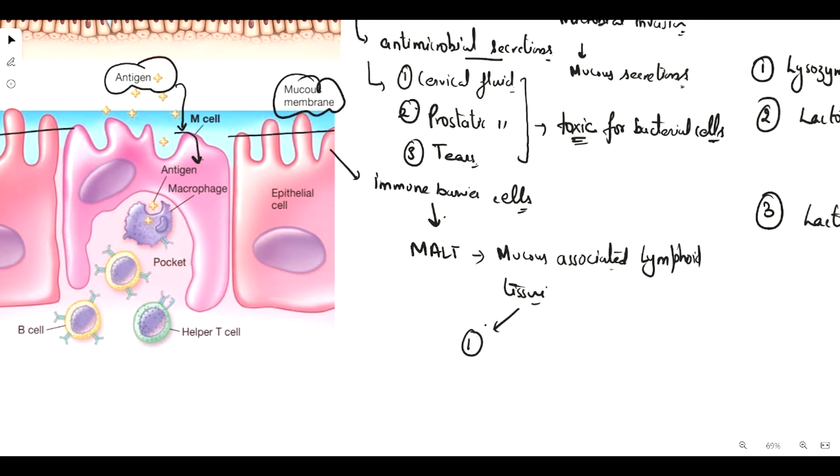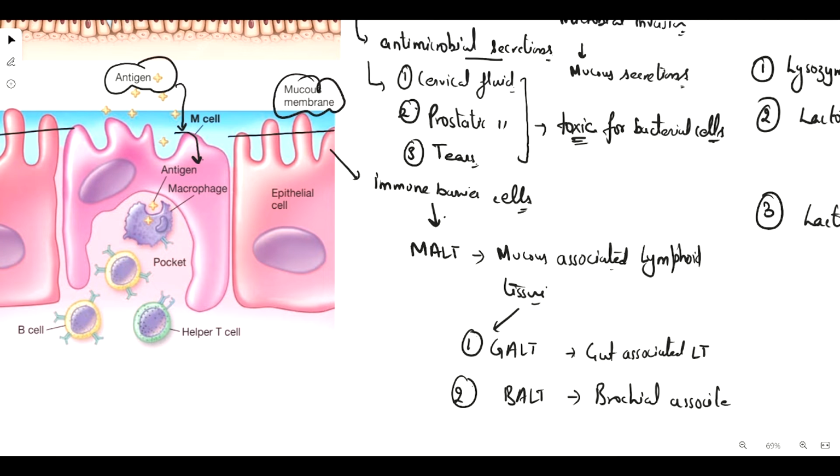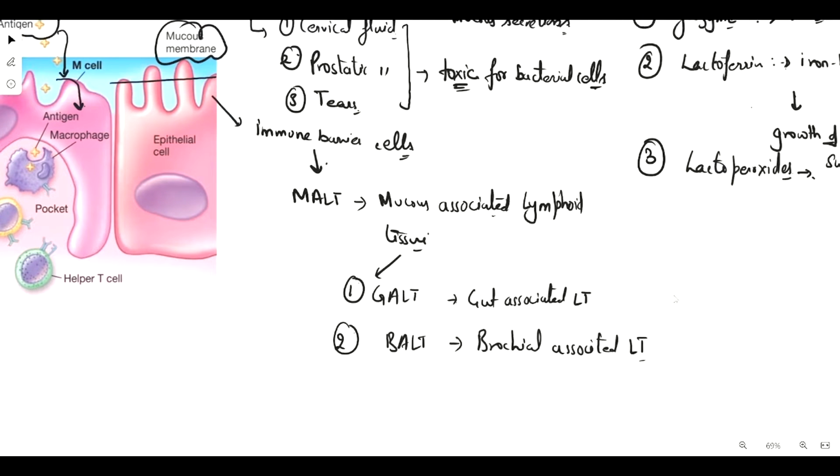First is GALT, the gut associated lymphoid tissue, and second is BALT, the bronchial associated lymphoid tissue.